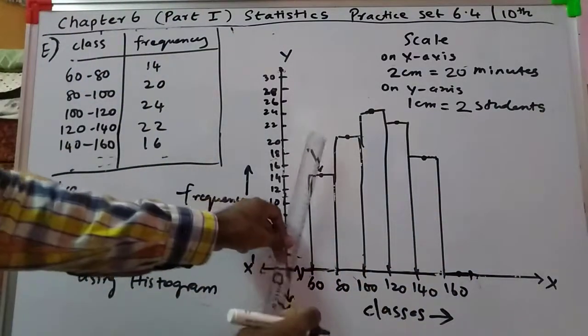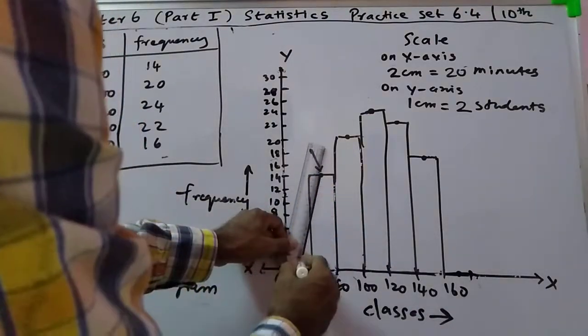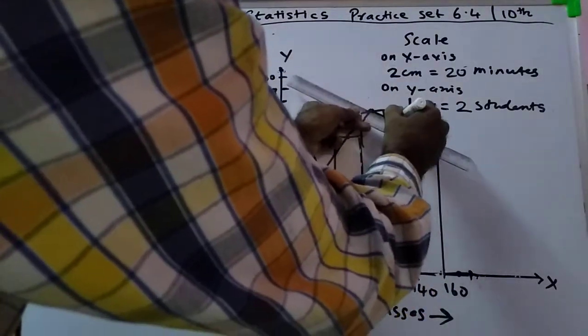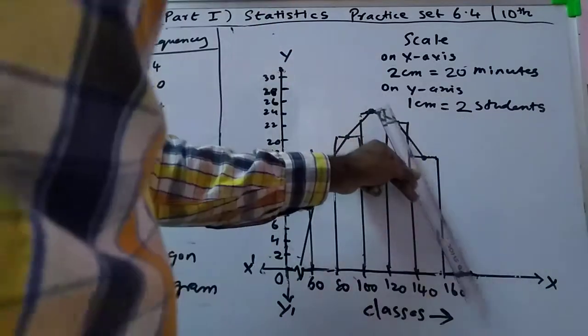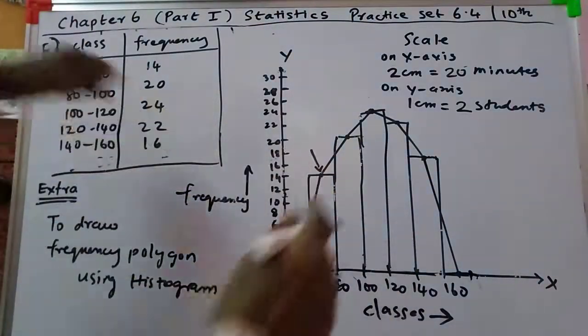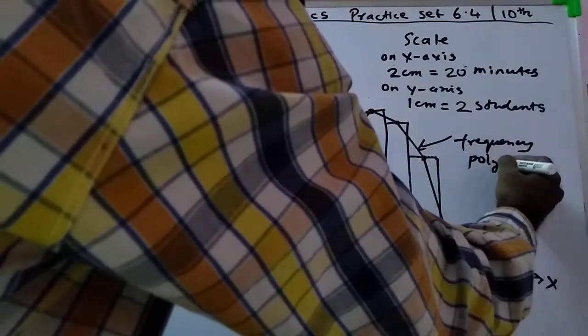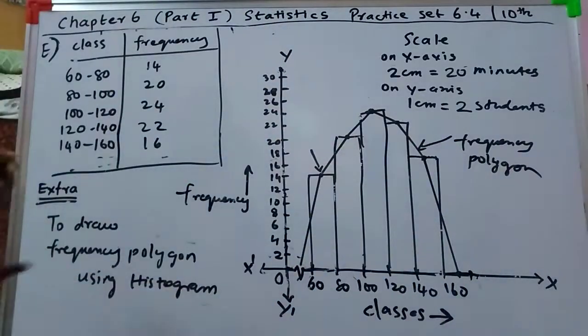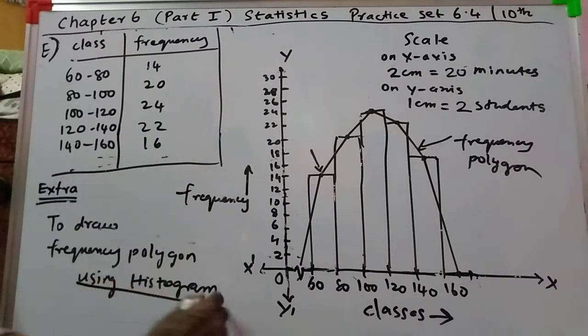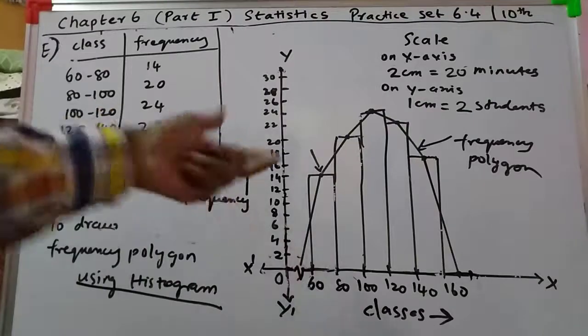And then join this. So this line is frequency polygon. So that's all you have to do. So it is to draw frequency polygon using histogram in this method. Okay. I hope you got this. Now let's do next exercise.